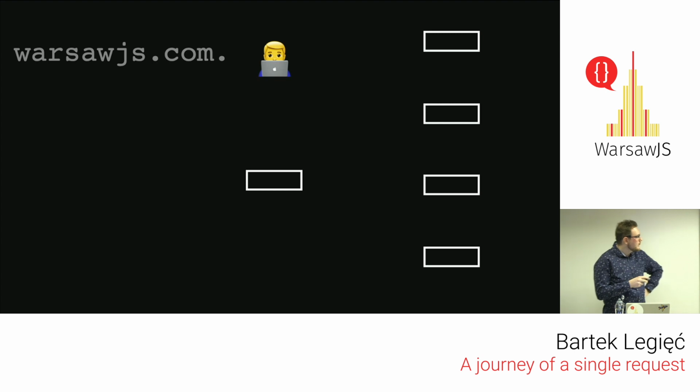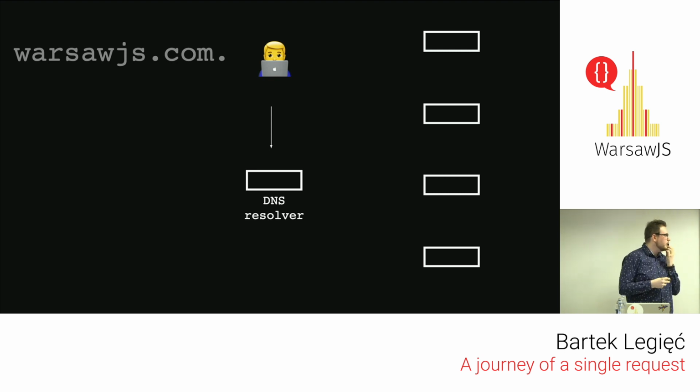And so suppose we've got a user, we've got a domain, and they want to get to know which IP address this domain points to. So it says, okay, I should connect to the other server that is called the DNS resolver.